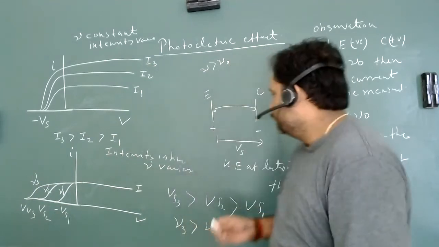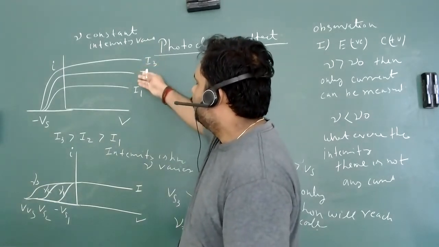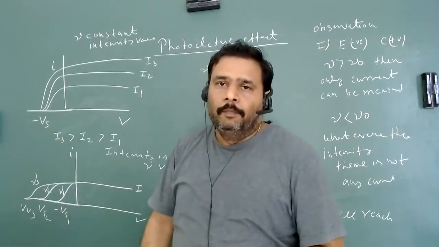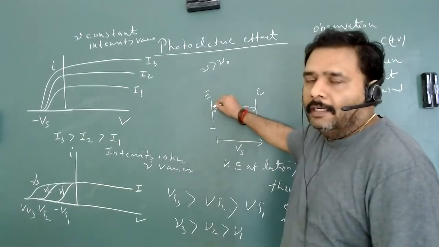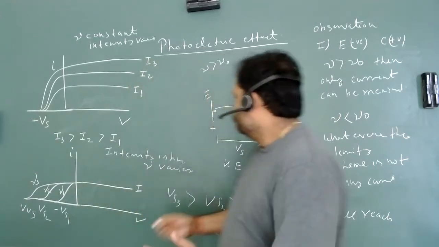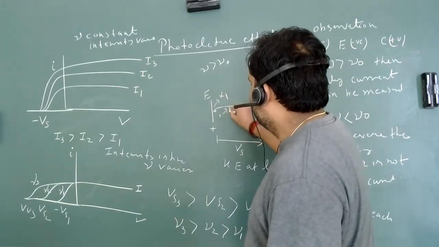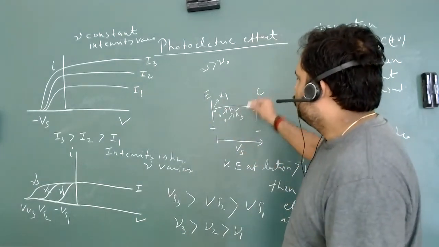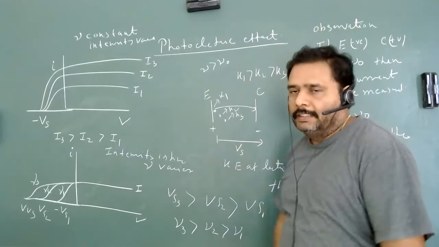But here we can see that even if we vary the intensity, I3 greater than I2, I2 greater than I1, this Vs is the same. This means the maximum kinetic energy the electron will have is the value Vs. Let us assume kinetic energies K1, K2 and K3, where K1 is greater than K2 is greater than K3.